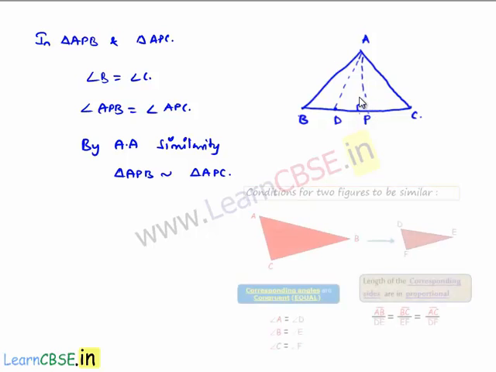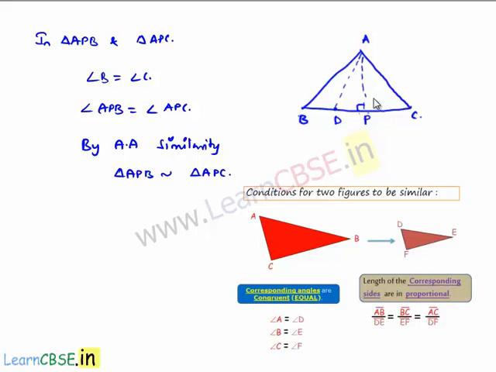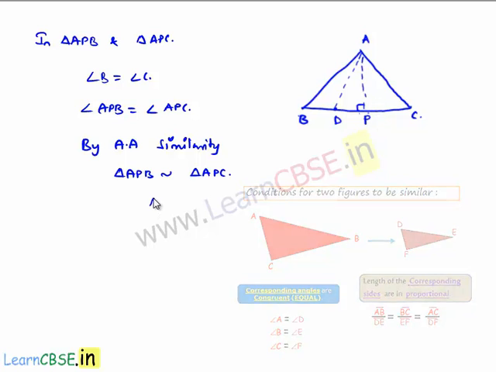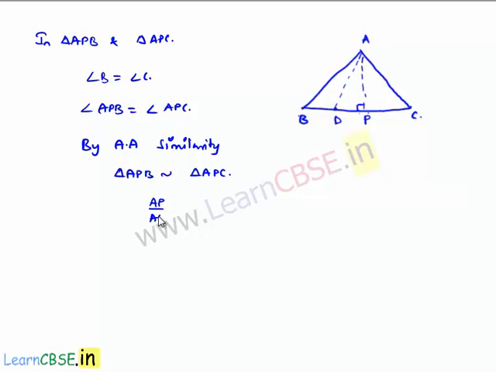So we know that when two triangles are similar, then their corresponding sides will be in proportion. Here AP by AP will be equal to PB by PC will be equal to AB by AC, which implies AP by AP is nothing but 1 and AB by AC is nothing but also 1, because in equilateral triangle all the sides are equal.